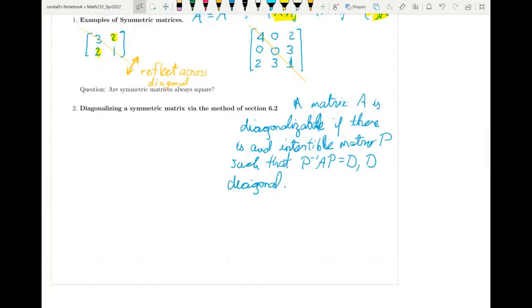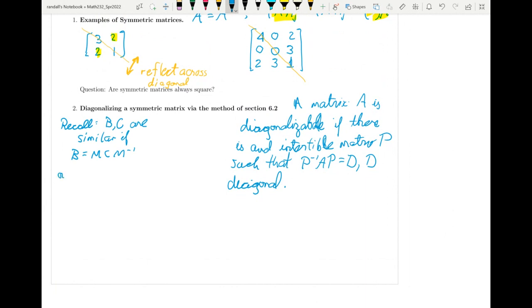Recall this is related to similarity. Recall B and C are similar if B equals M C M inverse. The fact that I wrote M and M inverse means that this matrix M is invertible.